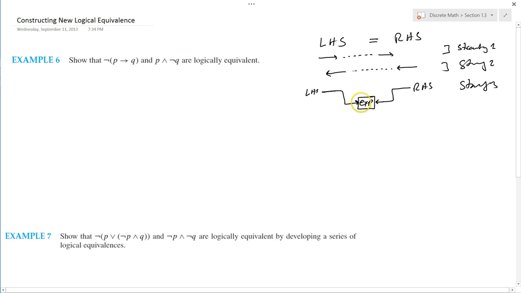This is the third strategy that you can use to prove that the two expressions are equivalent in normal algebra, and the same thing you can do here in propositional logic. So now, keeping these strategies in mind, let's see which strategy can be useful for example number 6.